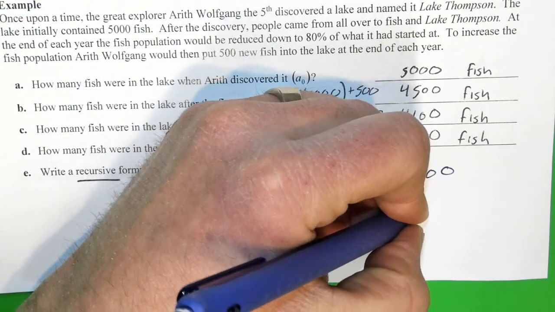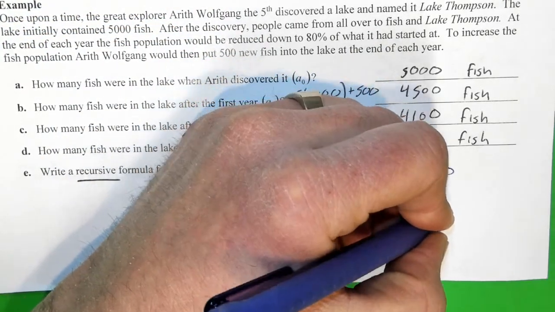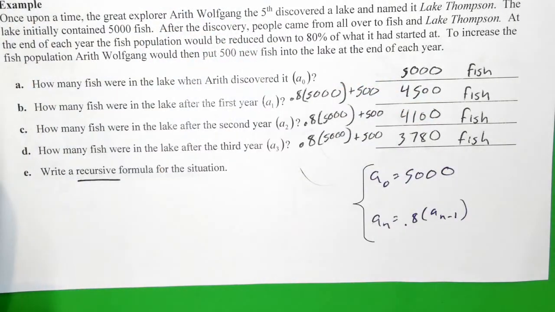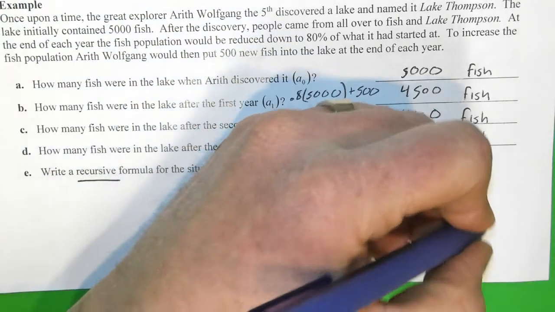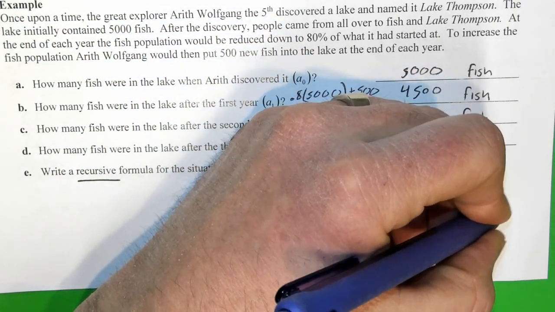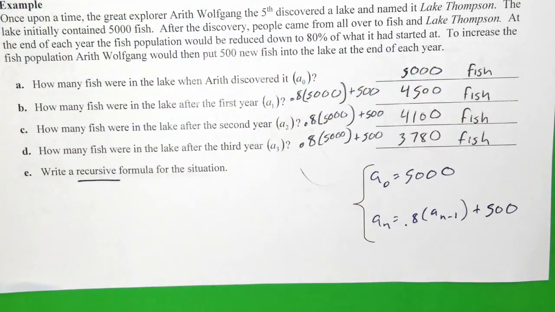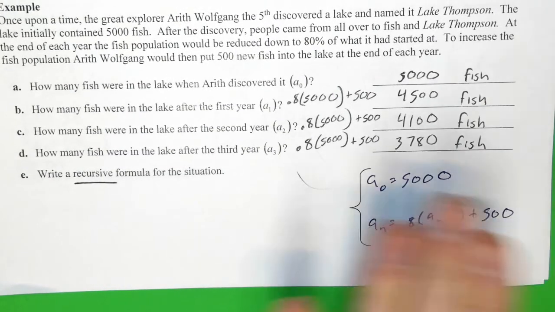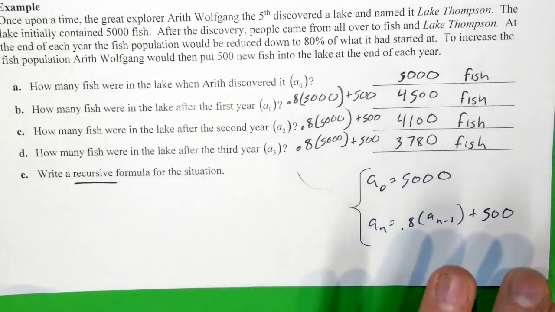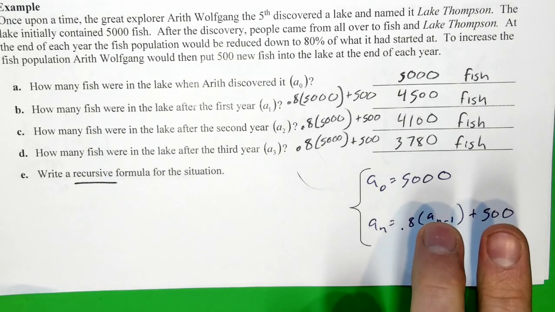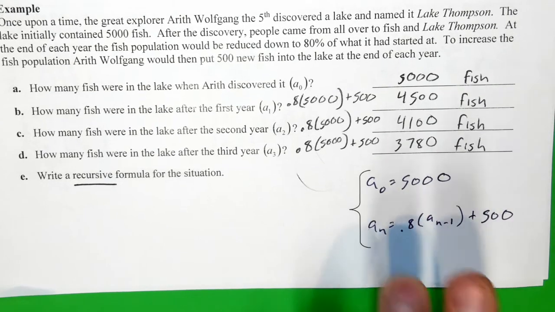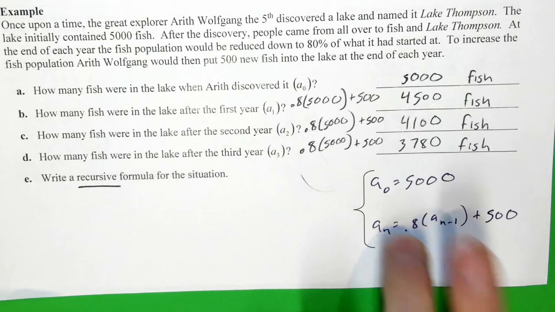Each year, the fish population that we had from last year is reduced by multiplying by 0.8. But then, also, each year, the fish population is boosted slightly by adding on an additional 500 fish. So we can actually write a rule. This rule is not arithmetic or geometric, but rather both. This portion is the arithmetic part, this portion is the geometric part.